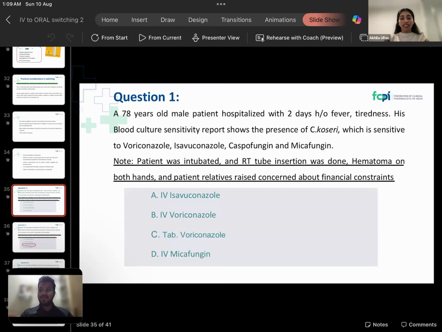If the patient is in the ICU, for example intubated, and unable to tolerate feeds through the RT tube, maybe the patient has hematemesis or something, you can't give through the RT tube, then the only way of giving is IV. Then it is a critical decision.